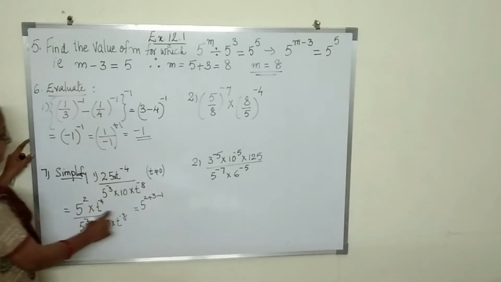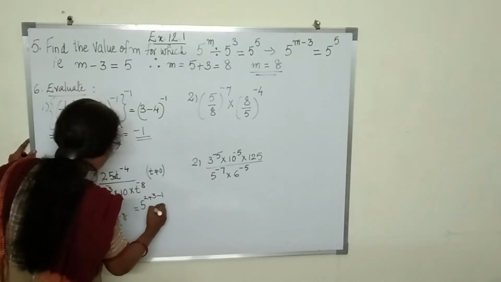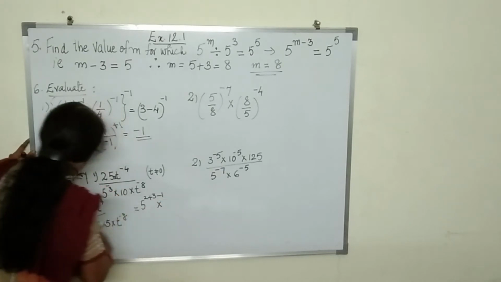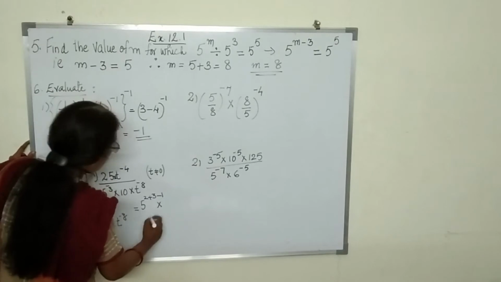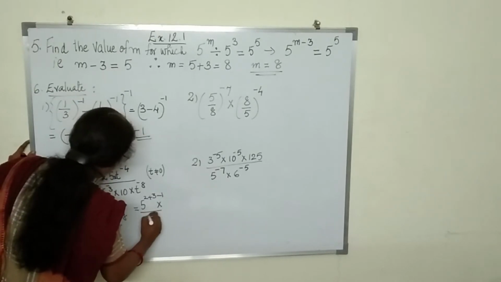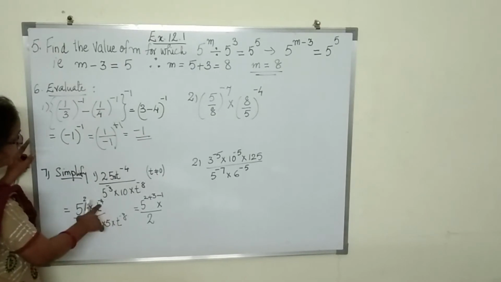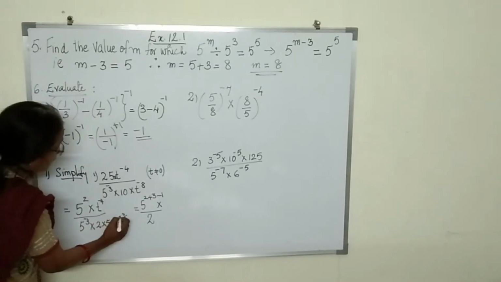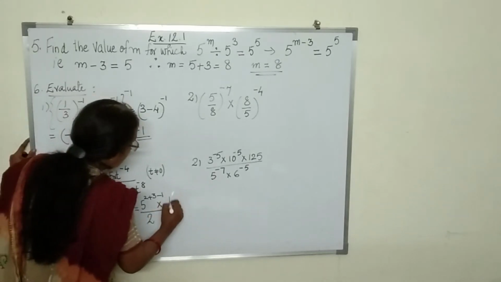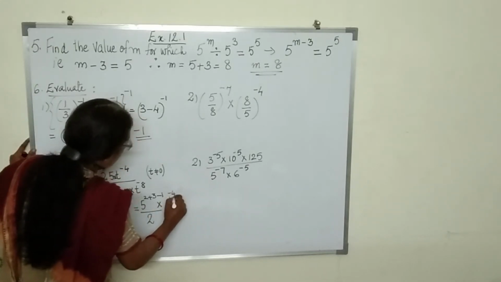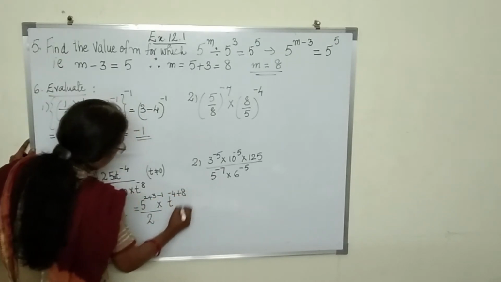Similarly, t raised to minus 4, into, see here all the 5s are over, there is a 2. This 2 is in the denominator. And then here t raised to minus 8 and here it is t raised to minus 4. So, into t raised to minus 4 and this 8 goes up, it will become plus 8.